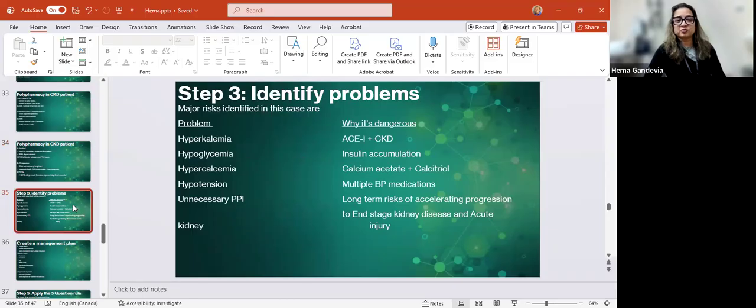So what have we identified as problems with this gentleman, with his current list of medications? Hyperkalemia could be a problem because of the concurrent use of ACE inhibitors and a CKD issue. Hypoglycemia, potentially because of insulin accumulation in his body. Hypercalcemia from the use of calcium acetate and calcitriol.